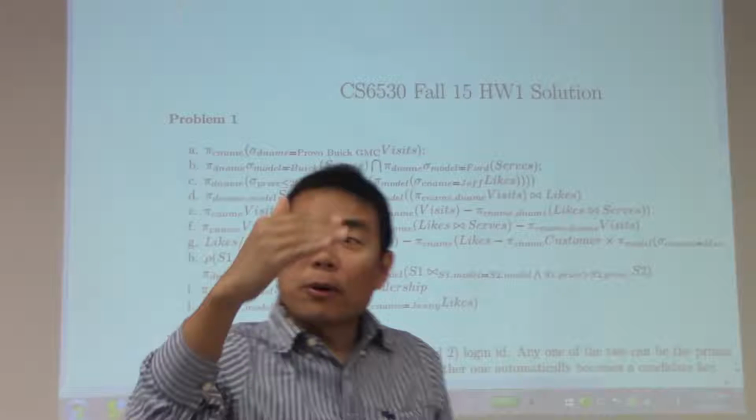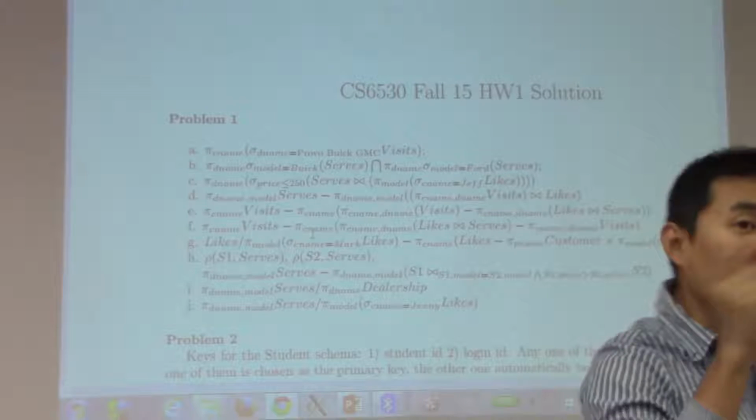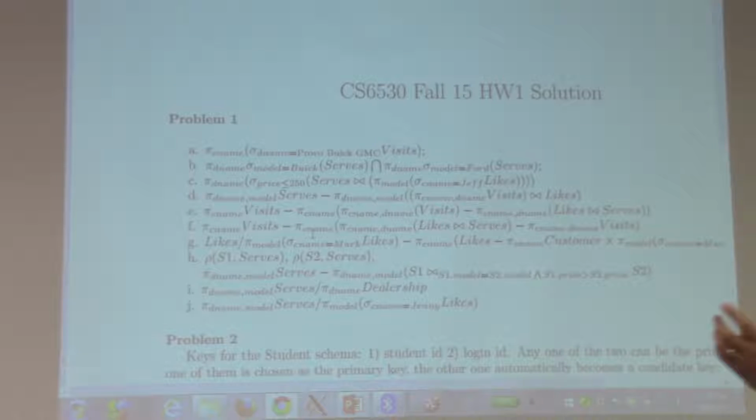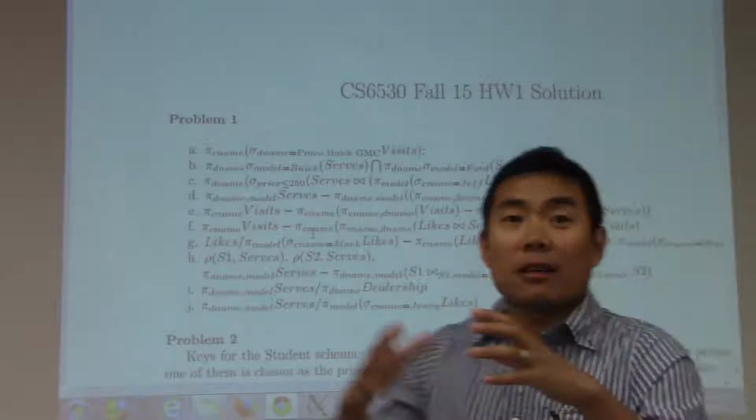You put out a list of dealer name and model such that, first of all, this model is liked by at least one customer who has visited that dealer. You put out the model that this dealer has served that is liked by at least one of the customers.